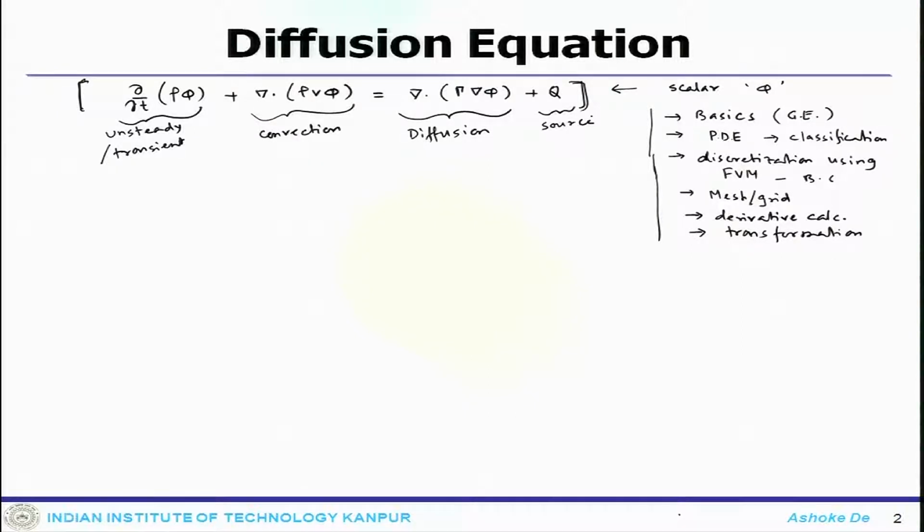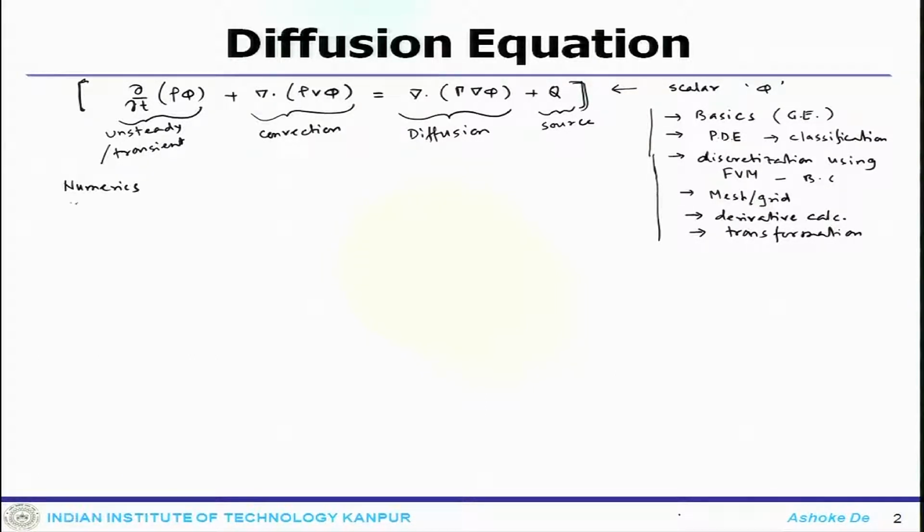Now, what we have done so far is that we have looked at the complete equation in totality, and then we talked about some basics of the discretization method, or rather the numerics.